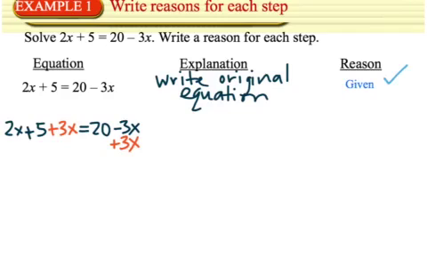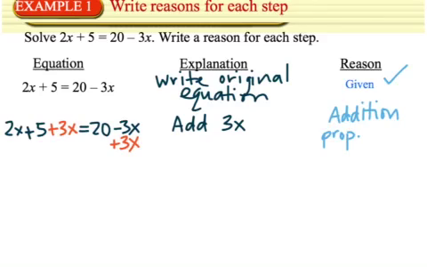And so what I'm doing there is adding 3x to both sides. And so the reason behind this is the addition property of equality. I'm going to write prop of equality, so I'm just abbreviating.